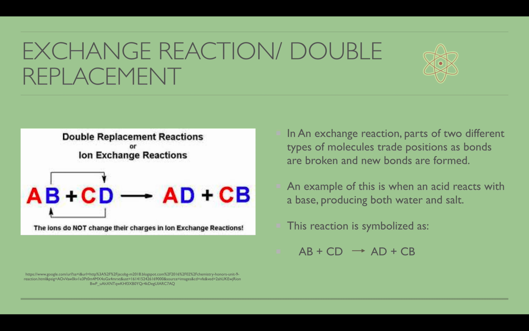It's obviously a bit more complicated than that, but this diagram to the left gives you a simple version of it. So AB plus CD yields AD plus CB. So the B and the D are just swapping positions. This obviously changes the chemical makeup of whatever you're dealing with.